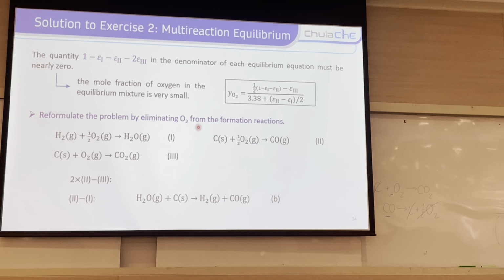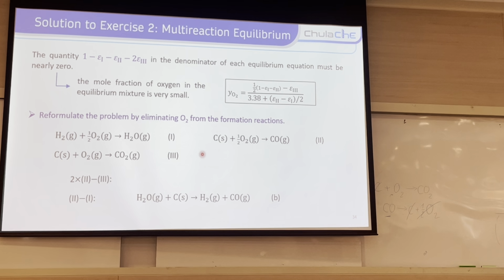So at first they just used the formation reactions of compounds to determine the number of chemical reactions, and they got three independent chemical reactions here.